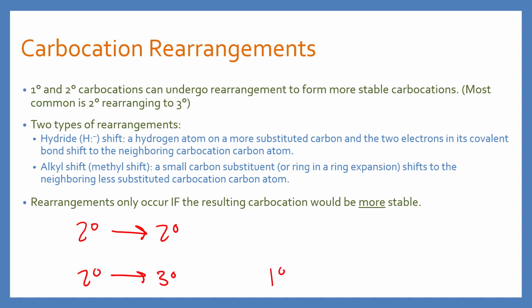Sometimes you'll see primary going to secondary. It's just primary carbocations don't form as easily, and so you don't see them very often. And one thing you will absolutely not see is taking something like a secondary carbocation and turning it into a primary. We are never going to take anything down in stability.